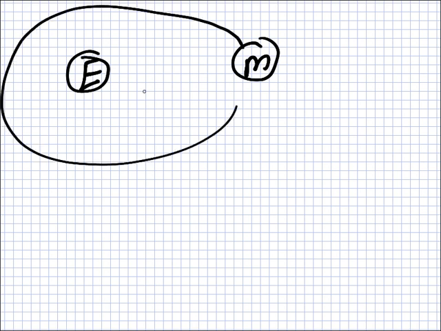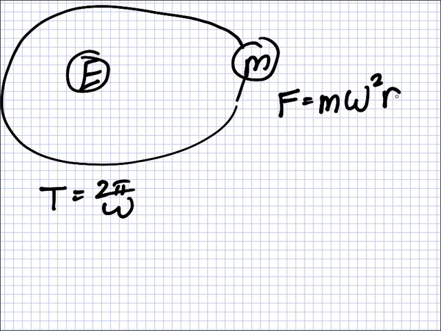Okay. Earth. Moon. Goes around. And my question is, what's the time? So we've seen this. T equals what? 2 pi over omega. Do we know the omega? No. But we can say F equals m omega squared r.